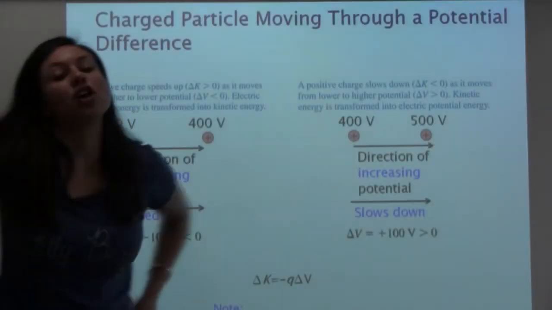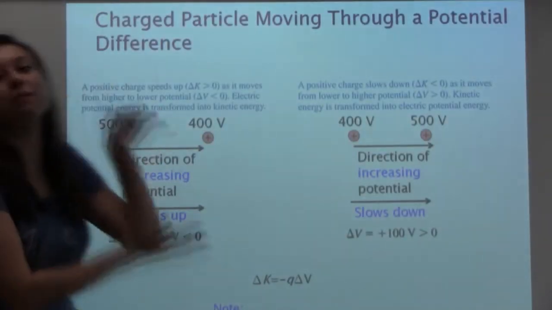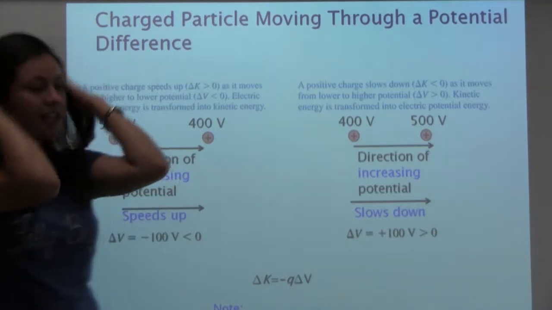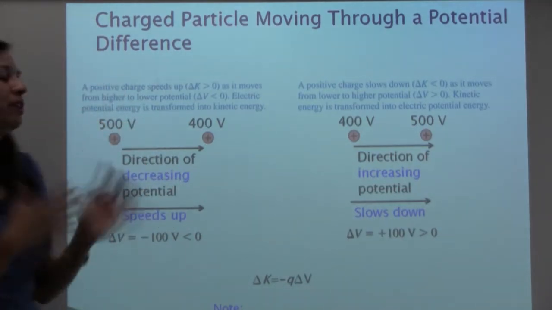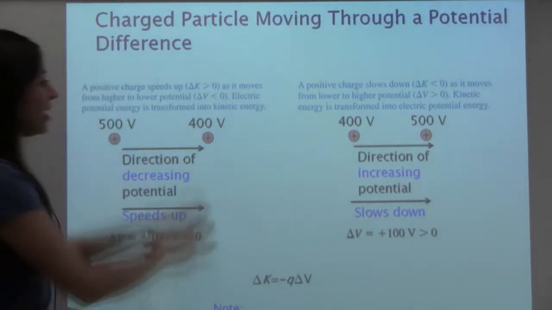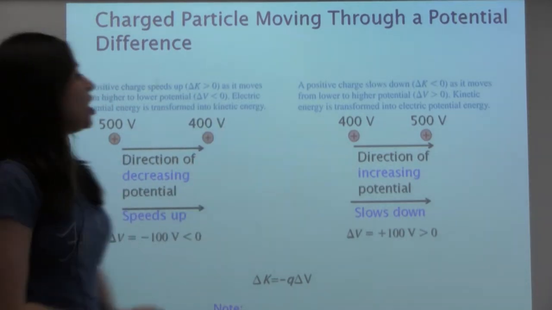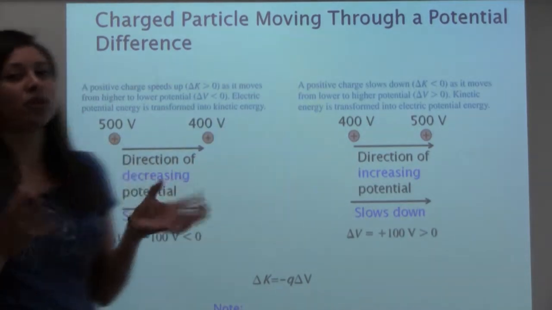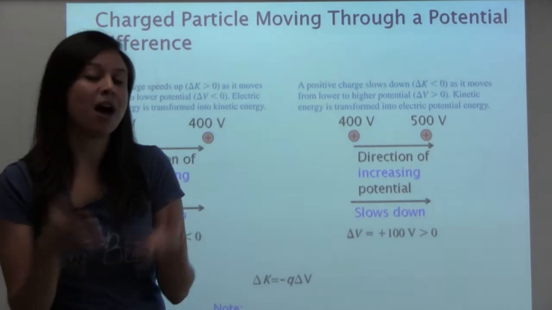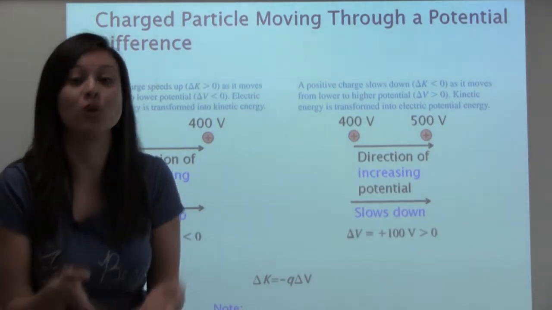Now let's look at a charged particle moving through a potential difference. A lot of times students came in because they weren't really familiar with this concept, so I broke it down a number of ways. First of all, let's look at the charge. We're looking at a positive charge, so we're looking at a proton.